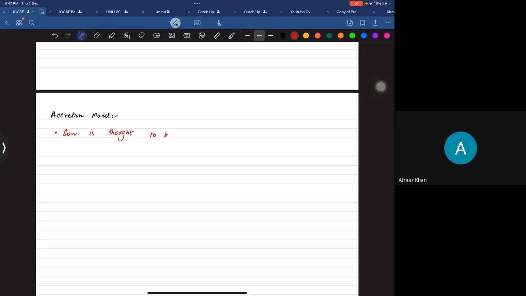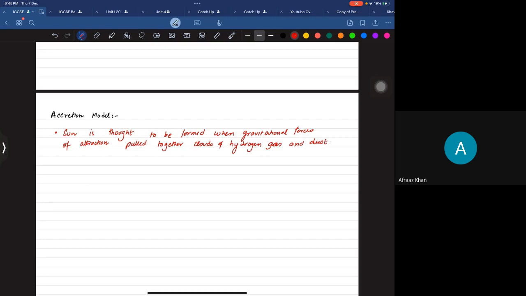All right. Anyway, so first of all, you have to write that the Sun is thought to be formed when gravitational forces of attraction pulled together clouds of hydrogen gas and dust.